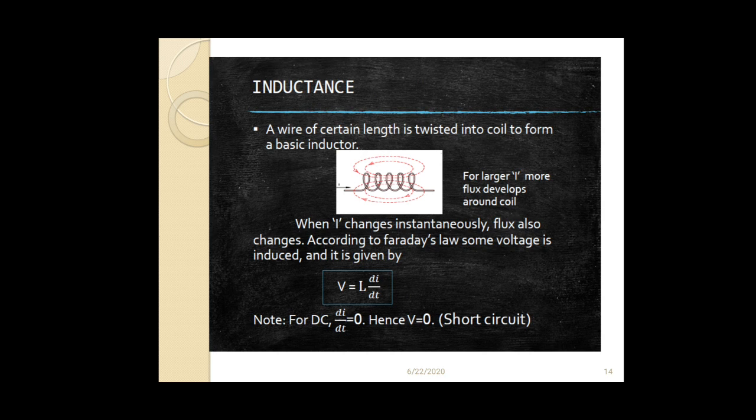Henry is a large unit, therefore millihenry or microhenry are the small units used for inductors. 1 millihenry equals 1 into 10 raised to minus 3 Henry, and 1 microhenry equals 1 into 10 raised to minus 6 Henry.